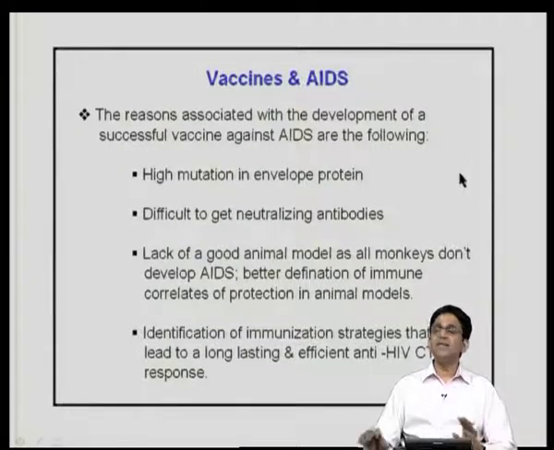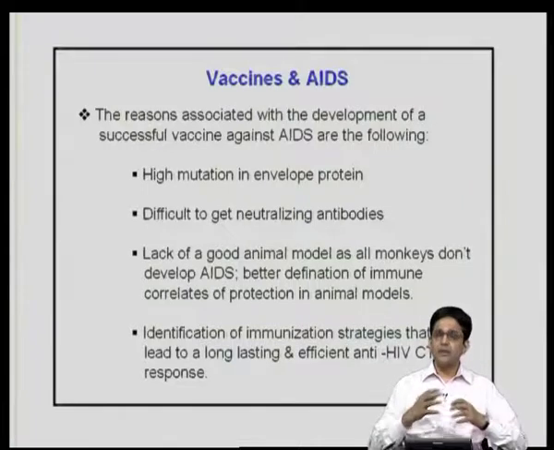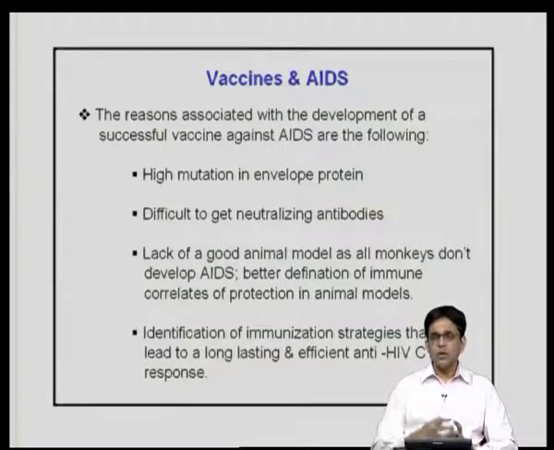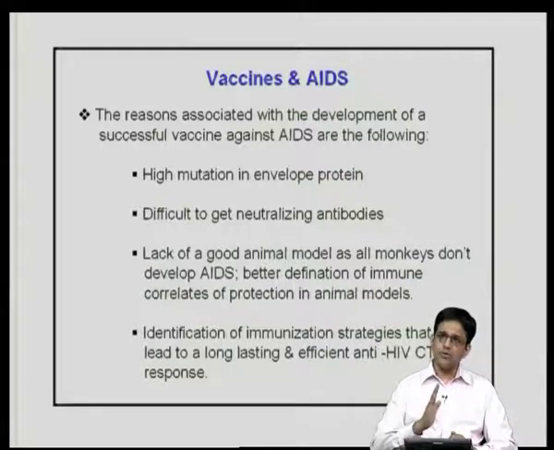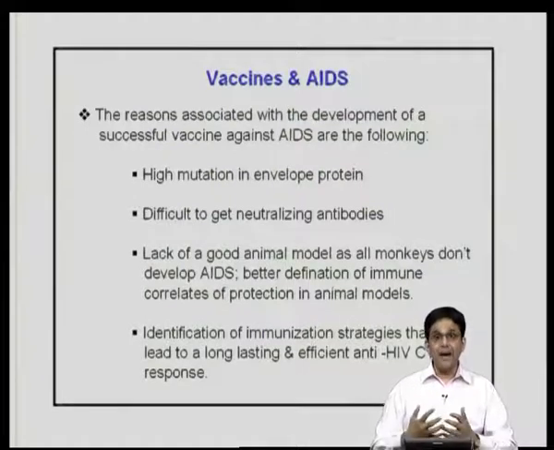So what about vaccines against AIDS? Now, the problem with vaccines is that HIV mutates a lot. It is a very smart virus. It has a very high mutation frequency. So to generate a good antibody response, by the time an antibody response is generated, the epitope has changed. So it becomes difficult to manage the new viruses. That is one of the big problems.